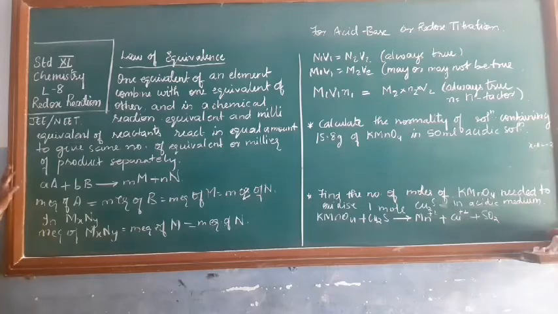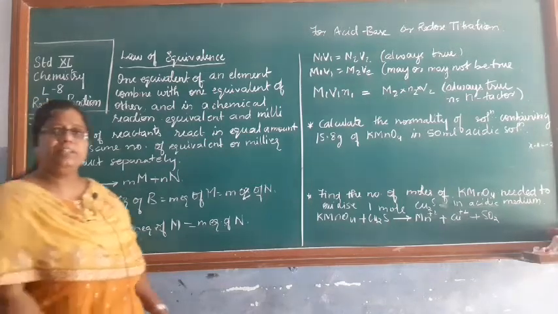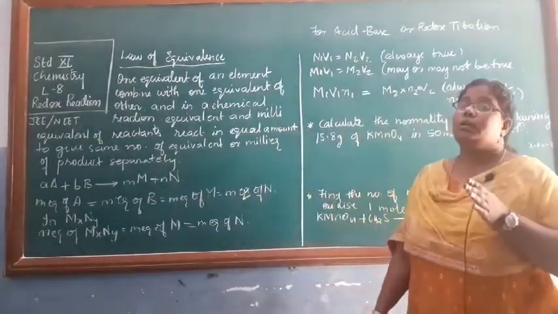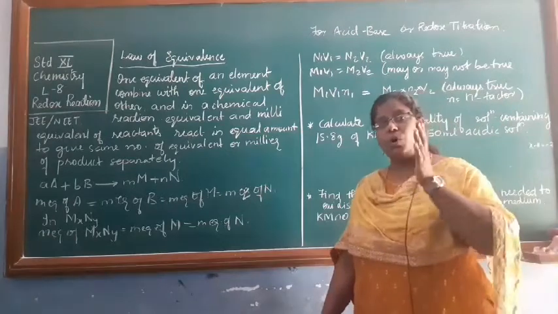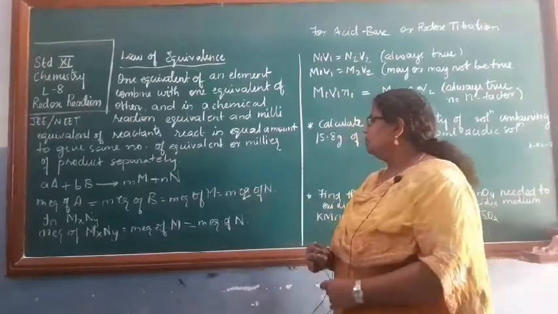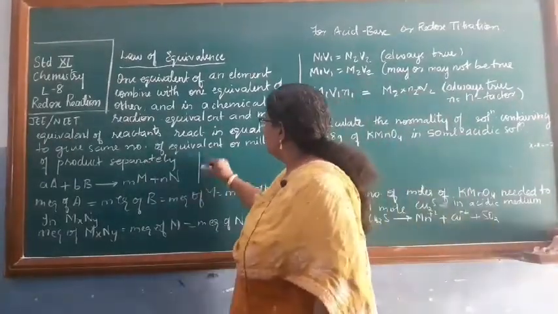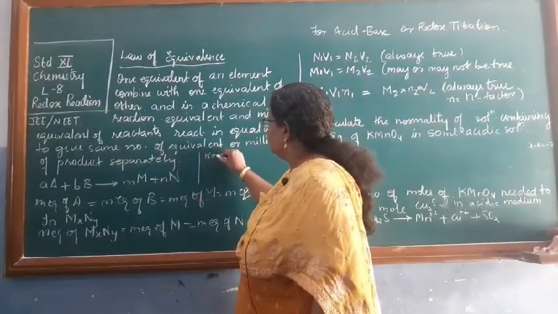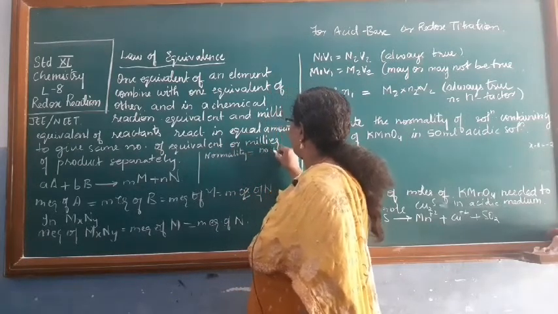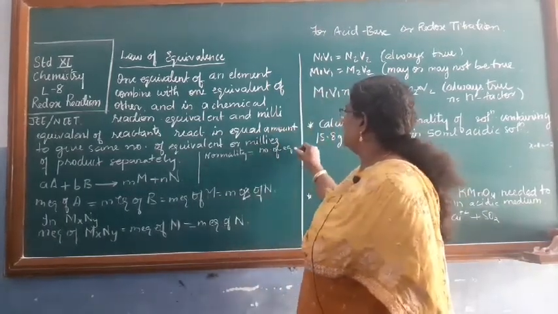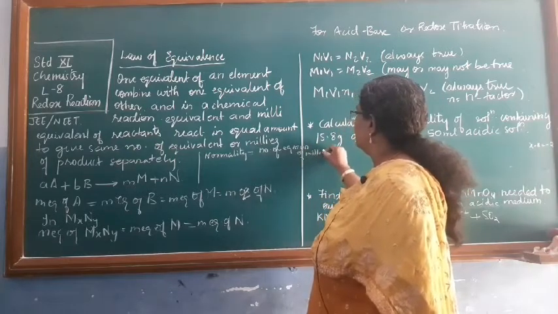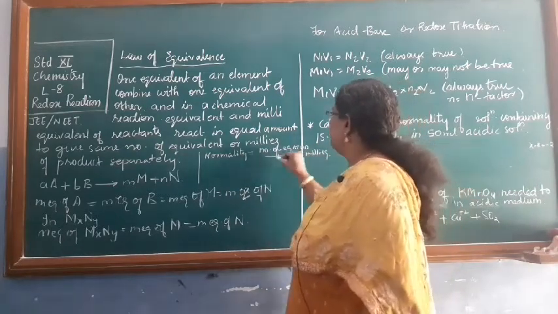Now equivalent, I suppose you remember what is equivalent. When we had discussed normality, what was it? Normality was equal to the number of equivalents or the number of milli equivalents divided by the volume. Normality can be the number of equivalents, or it can be the number of milli equivalents, divided by volume.